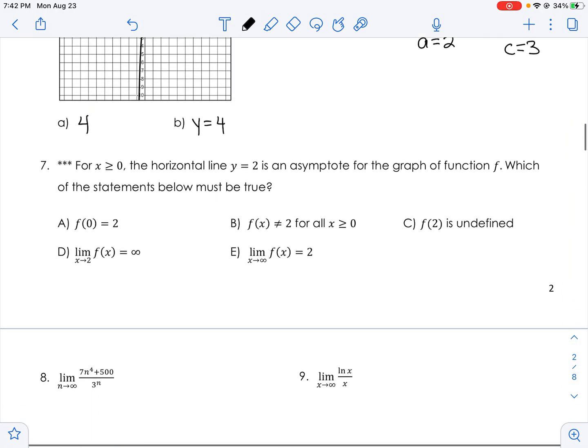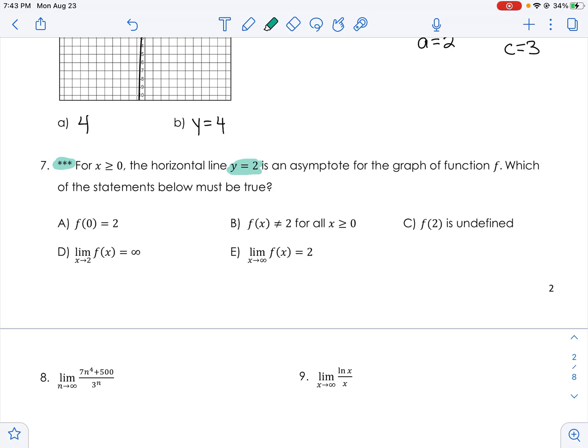Okay, looking at the next question, another AP test question. It says for x greater than or equal to 0, the horizontal line y equals 2 is an asymptote for the graph of the function f. Which of the following statements below must be true? So if we think back to what I told you to write down at the beginning of class, limits to infinity are the same as horizontal asymptotes.